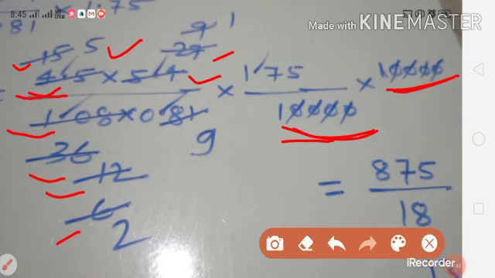2, no, yes, 6 cancelled by 2, so if we cancel 6 by 2, we should give here 3. Pay attention, here is a mistake.